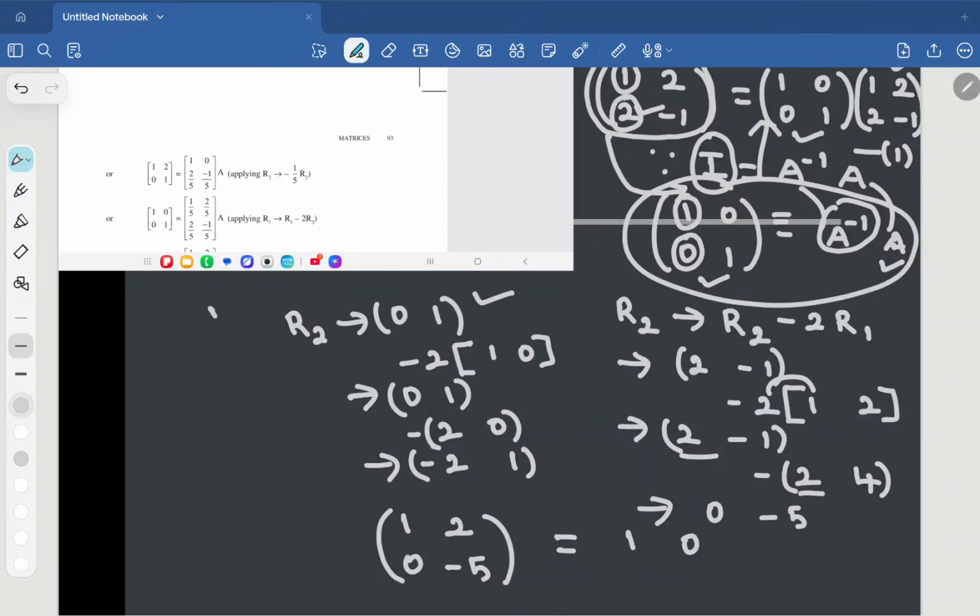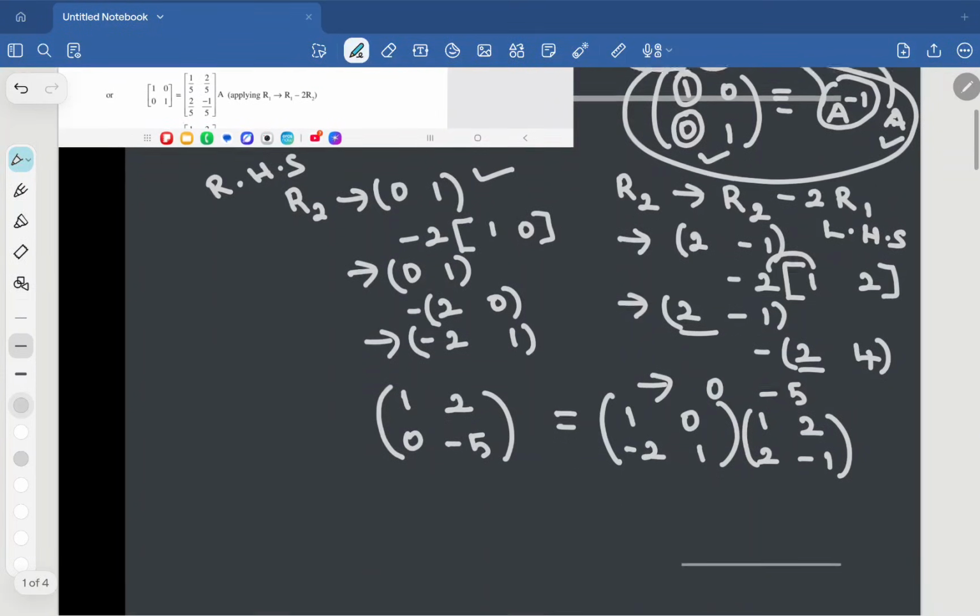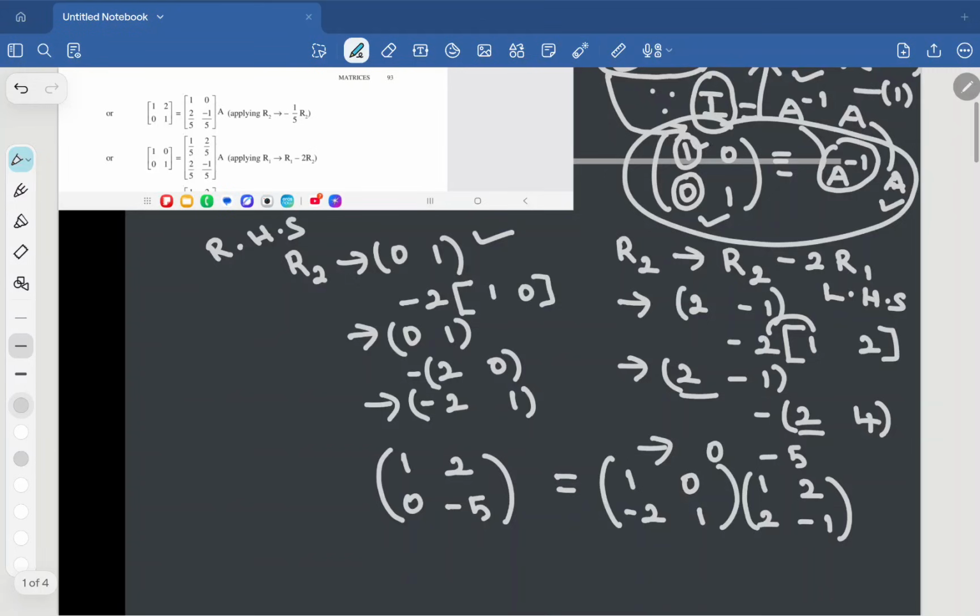This is for RHS, this is for LHS. Therefore, first row as it is, second row the values are minus 2, 1. What is A? [1 2; 2 -1]. See, here 1, here also 1, here 0, here 0. Now here we must have 1, but here we have minus 5.